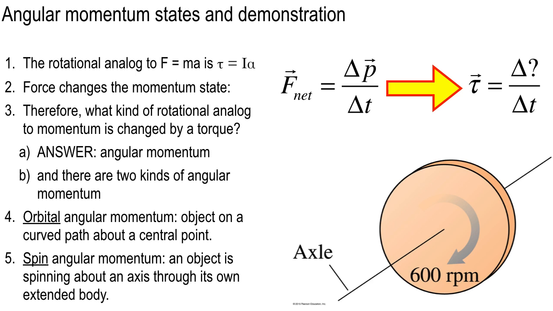Earth spins on its axis, so the spin angular momentum of Earth is a different number than the orbital angular momentum of Earth. There's two different flavors of angular momentum. Now you can add them together because they're both angular momenta, and that would be the total angular momentum of the Earth on its orbit.